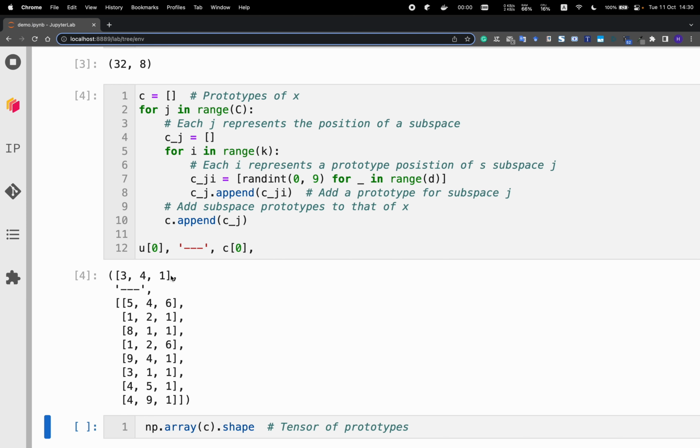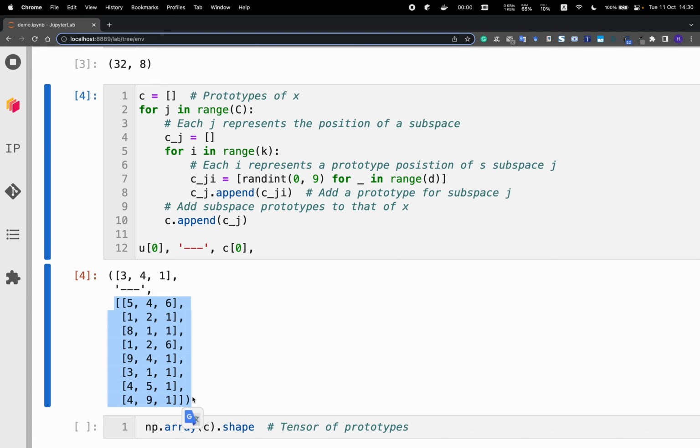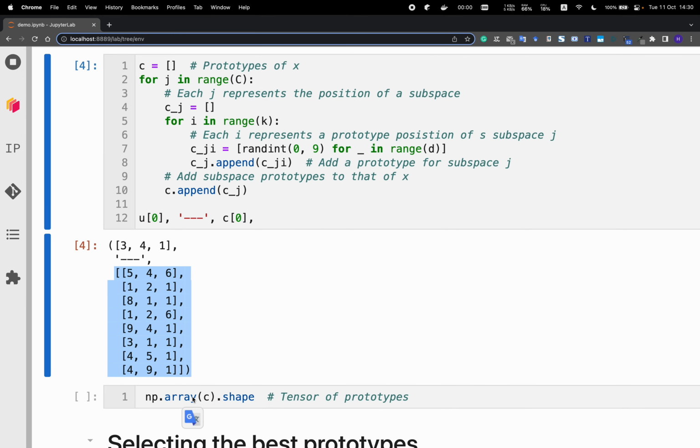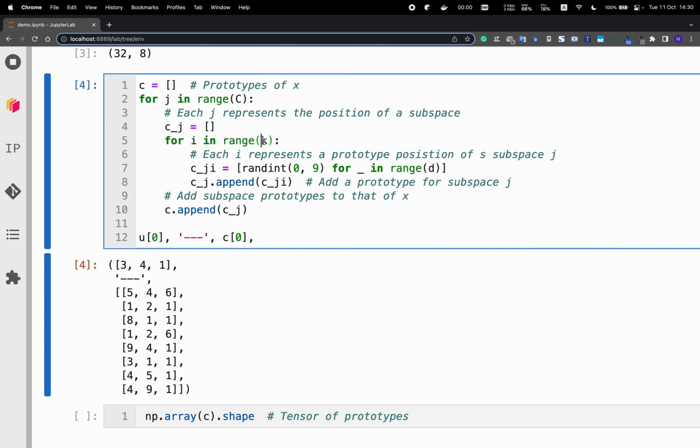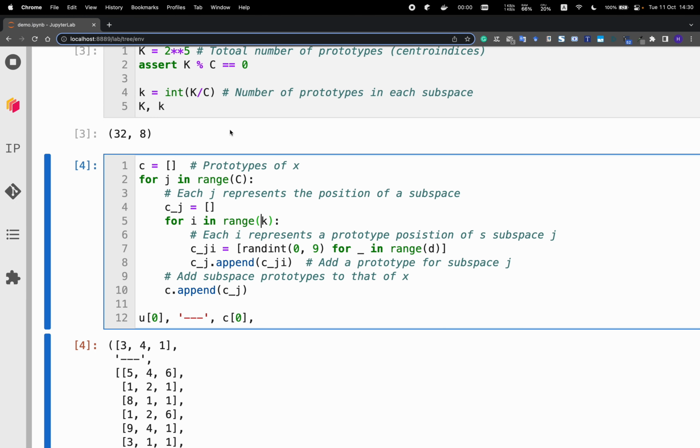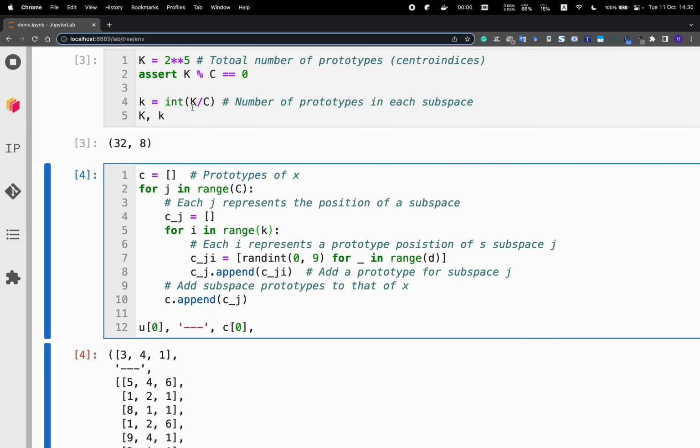So for the first subspace, we have 8 vectors, 8 prototypes. Sorry, is that K? Is K 8 in this case? Are you asking what the K is? Yes, K is the number of prototypes for each subspace.